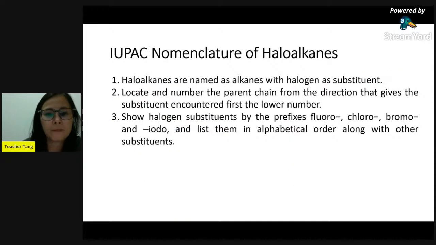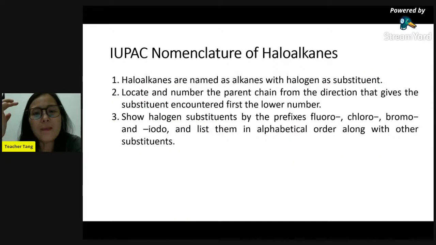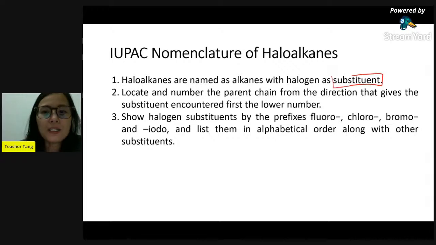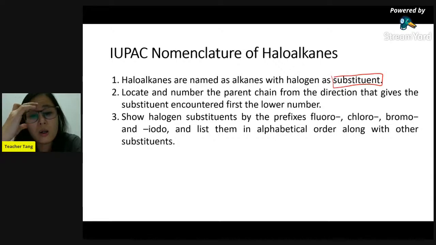So now we move on to look at how to name haloalkane. If you remember the priority table in benzene, remember haloalkane is the lowest. Since it is the lowest, it will always be the substituent. So how do we name haloalkane?